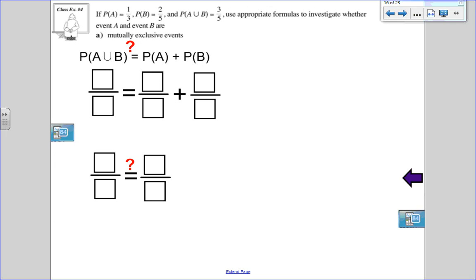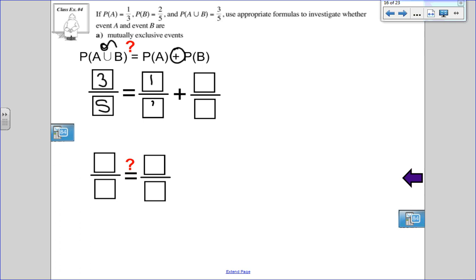So I'm telling you the event A probability is 1/3, the probability of B is 2/5, the probability of A or B is 3/5. So I want to determine whether these are mutually exclusive events. If they are mutually exclusive events, then the probability of A or B is the individual probabilities added together, because or means add. So A or B was 3/5.